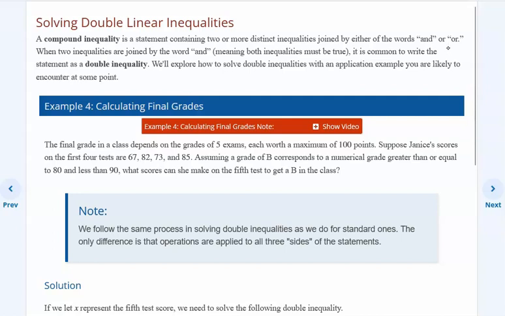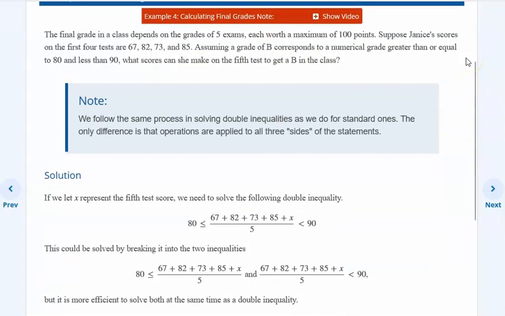The word or is a disjunction word, and one or the other or both may be true. So again, pause, read this over, and I'll raise it up.